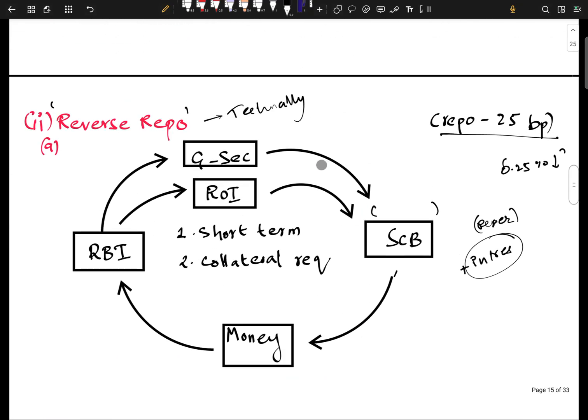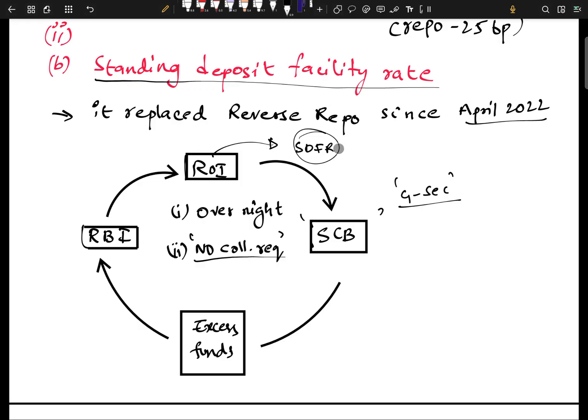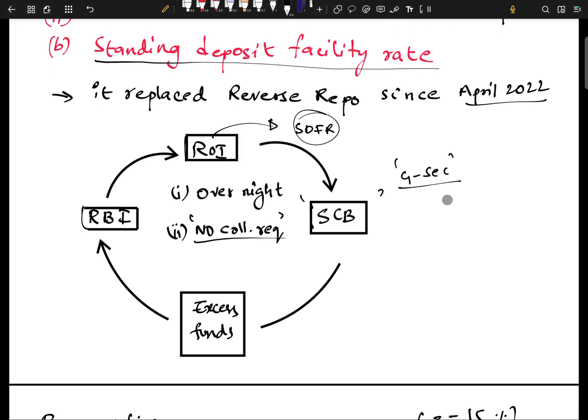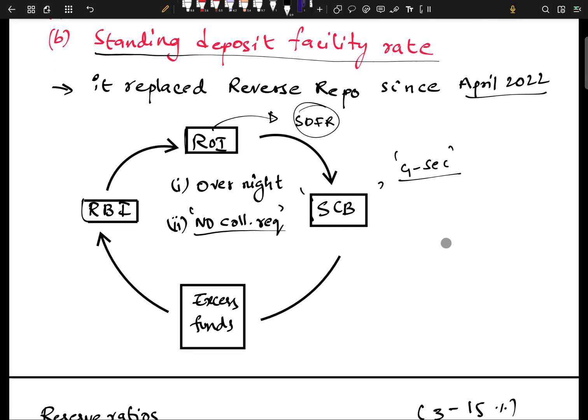So how do the reverse repo rate and standing deposit facility rate affect inflation in the market? Let's say RBI increased the standing deposit facility rate to 20% or 10%. What does it encourage? It encourages the scheduled commercial banks to deposit more funds with the RBI, yes or no?